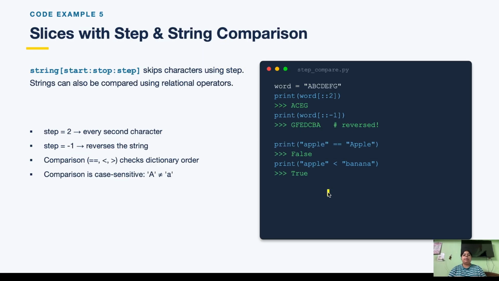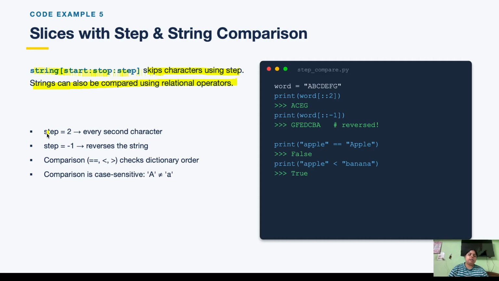Slices with step and string comparison, if we talk about it, here I have told you about things which you have already understood, that is how you have to put ranging: start, stop, and then step. Same goes here, if your string has a stepping point, it will be after stop. Skip characters using step. Strings can also be compared using relational operators.